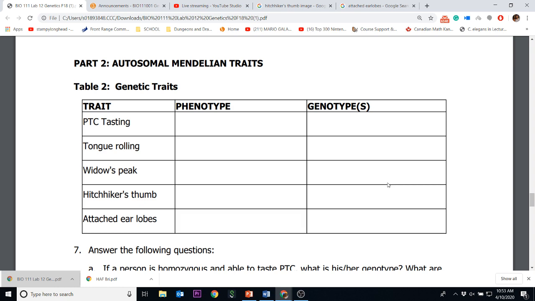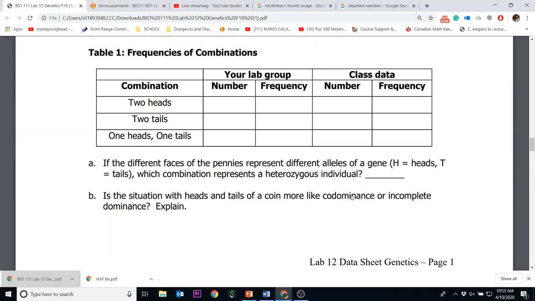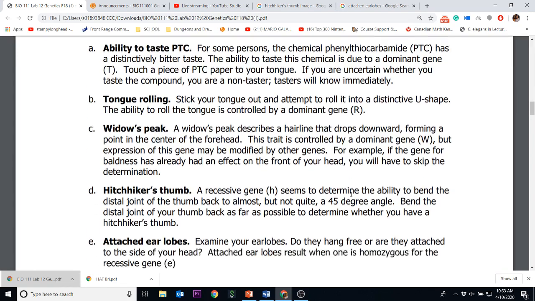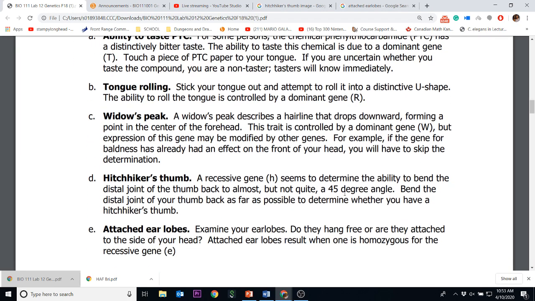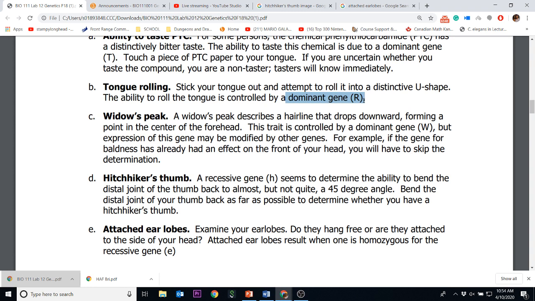And then for the genotype part, you'll be able to do that from the description here, in the front, this part here on page 2 on the genetics lab. Now, because it tells you here, tongue rolling is dominant. Can you see that? So if you're able to roll your tongue into a U shape, you have a dominant gene.